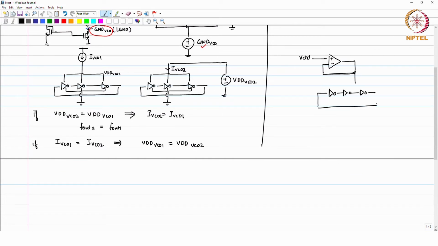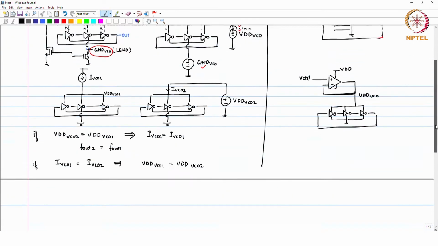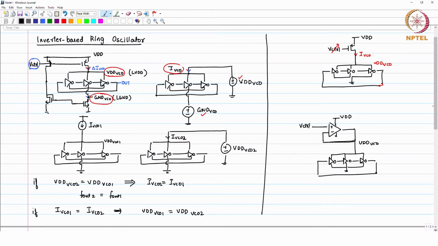So, this is there, these are all grounded. Okay. So, this is VDD VCO. The amplifier, you can have the amplifier connected to VDD. This is one way. So, here your VDD VCO is directly controlled using V control. If the amplifier has enough gain, then your VDD VCO will always be equal to V control.